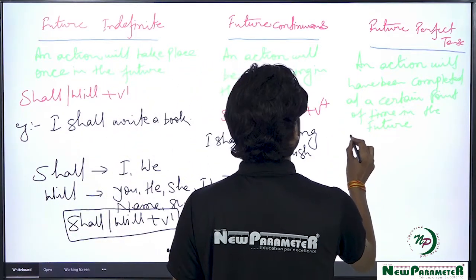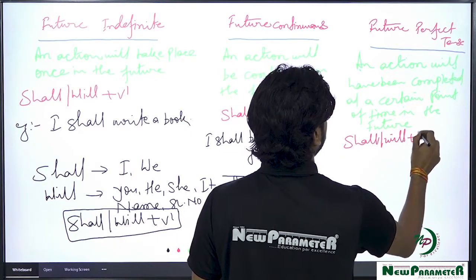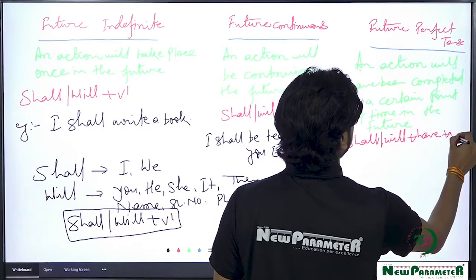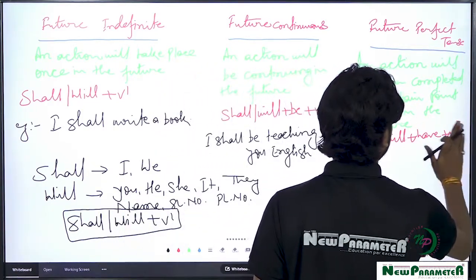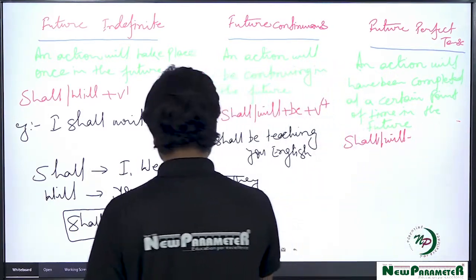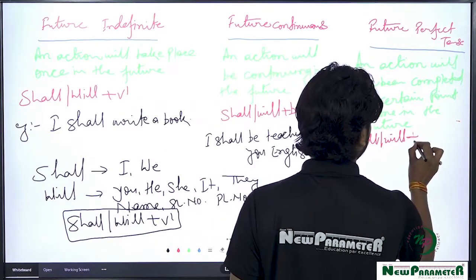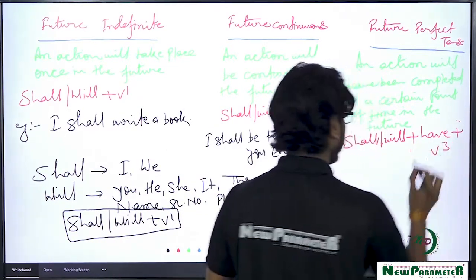In this tense, we use shall, will, have plus V3. Shall, will, have plus V3. I'm writing it once again. Shall, will, have plus V3.